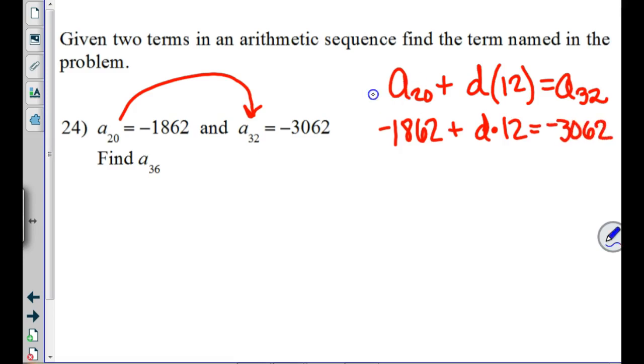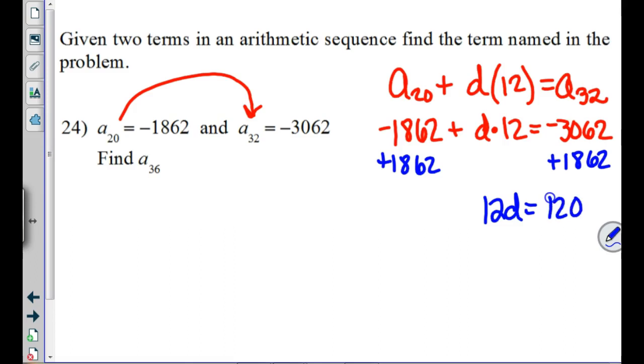So I just kind of wrote it in symbols and then put the numbers in. So 12 differences is negative 1,200. Yes? So D is negative 100?